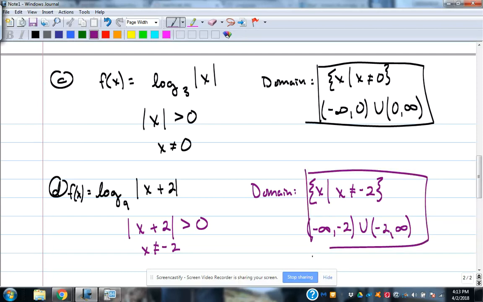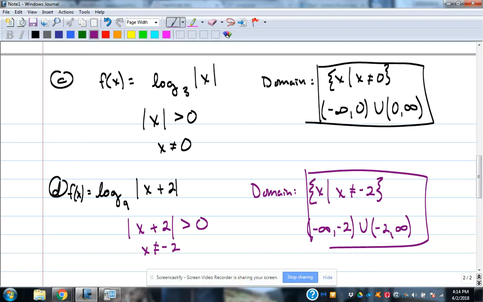Finding domains of logarithmic functions. Now, this just says any number that's not negative 2. I'm talking about inside your absolute value, any number that's not negative 2 works.